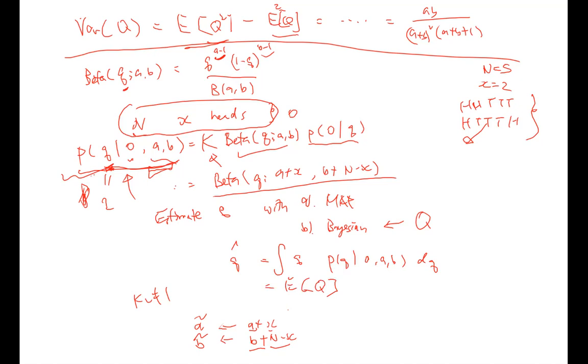And we know the expectation of q from earlier: it is a over a plus b, I believe. So with the updated parameters, this is a tilde over a tilde plus b tilde, which is a plus x over a plus b plus n, something like that.